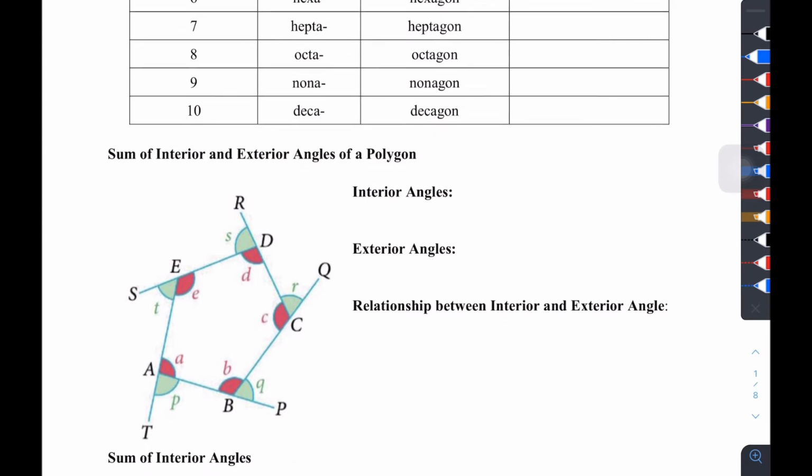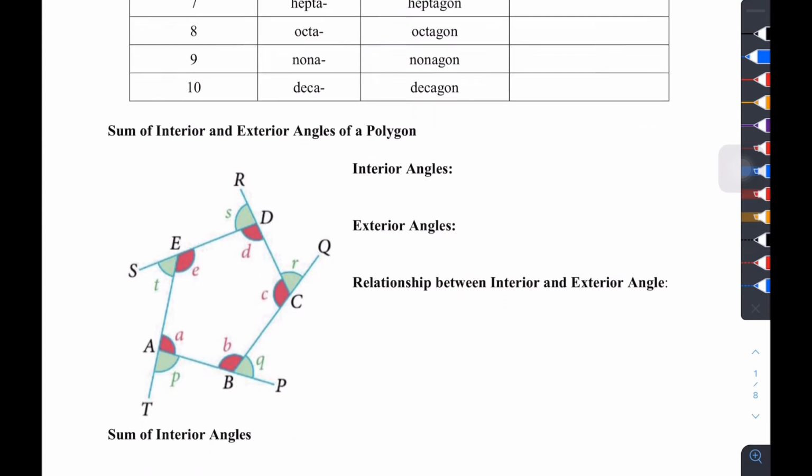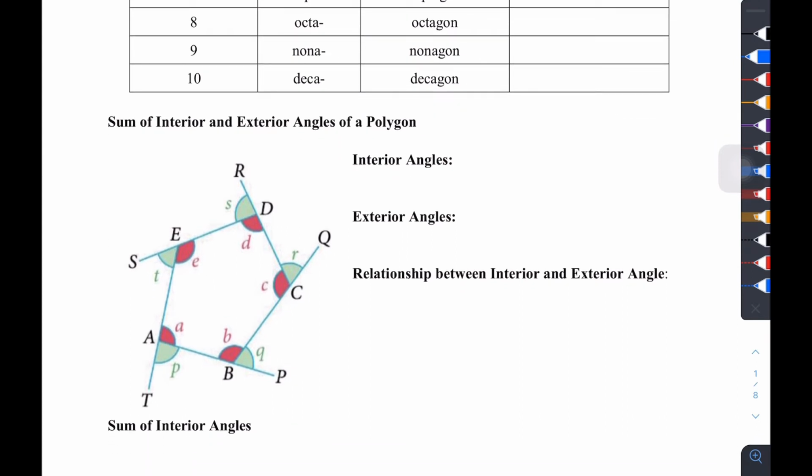So this is what we saw in triangles last time. For a pentagon, we have an example pentagon over here. Now the angles inside, like A, B, C, D and E, these 5 angles are your interior angles because they are inside the shape.